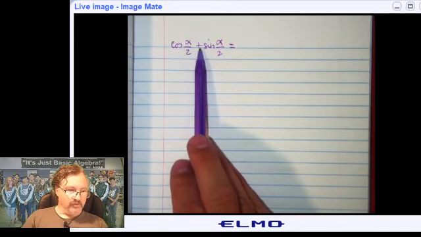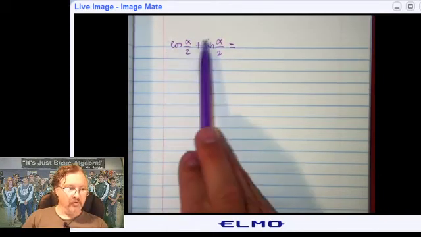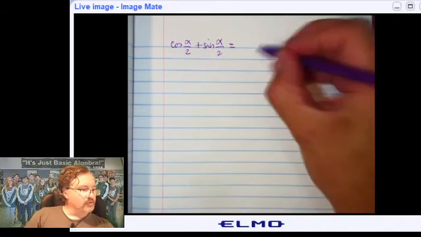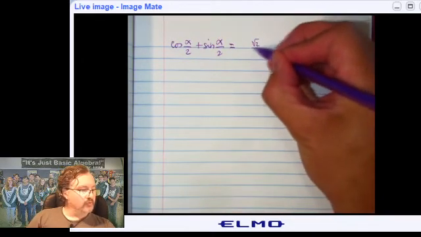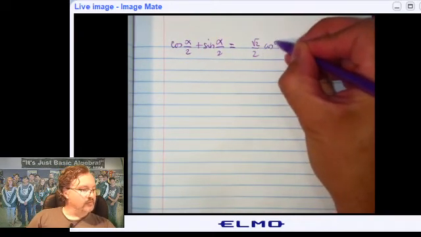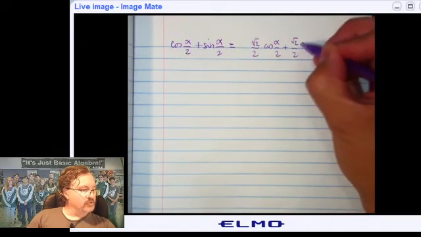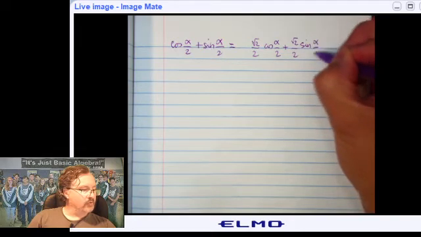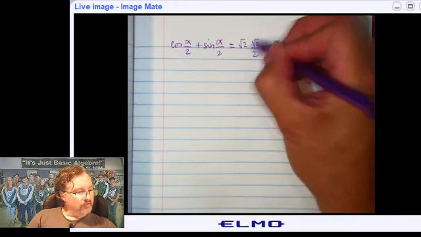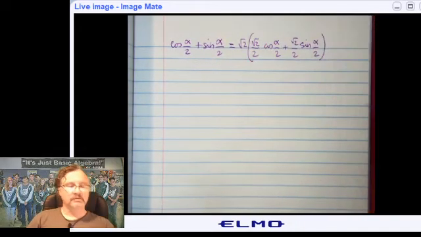So I'm going to divide 1 by root 2, 1 by root 2. That gives me root 2 over 2 cosine alpha over 2 plus root 2 over 2 sine of alpha over 2. And I need to multiply everything by root 2 right here. And now those two sides are equal.